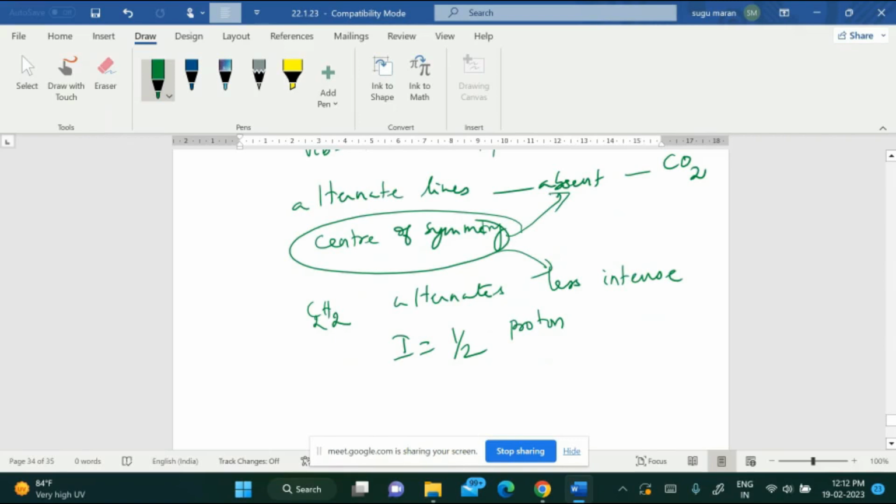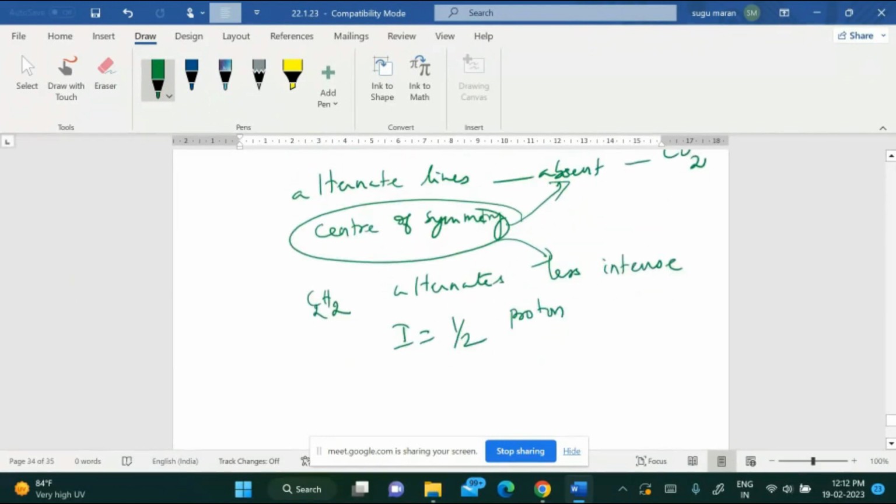There is interaction with the nuclear quantum number, which has a definite I value. In the case of carbon dioxide, the I value is zero because C12 and C14 dominate. C13 has an I value of half, but C12 and C14 have an I value equal to zero. So there are almost no alternate lines, but in the case of acetylene, you have this.